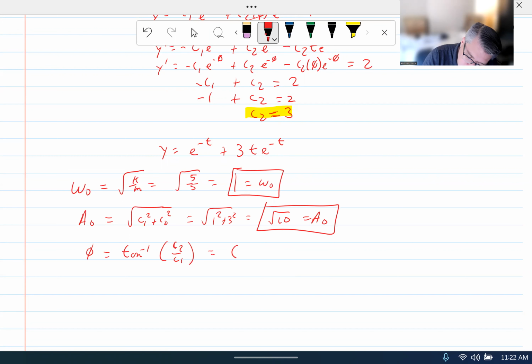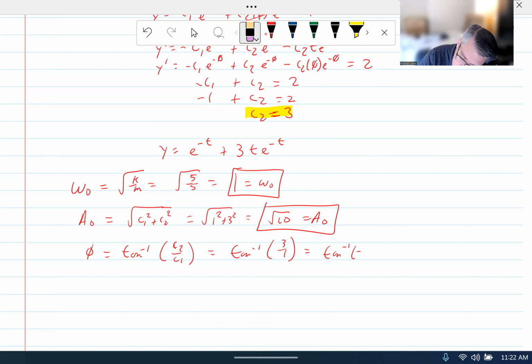It is equal to the inverse tangent of 3 over 1, which is the inverse tangent of 3, which is approximately 1.249 radians, approximately phi.